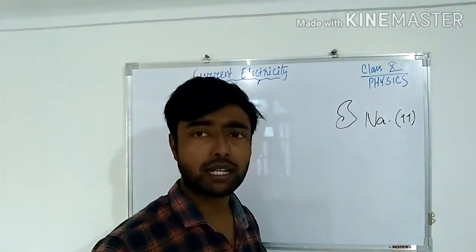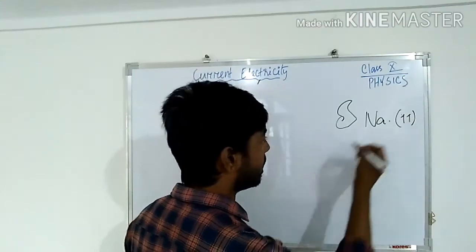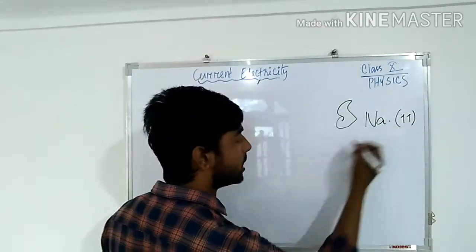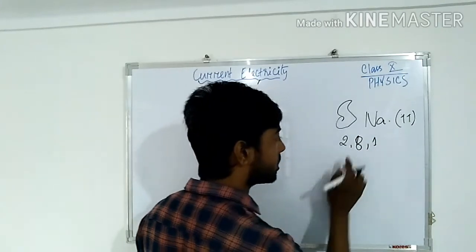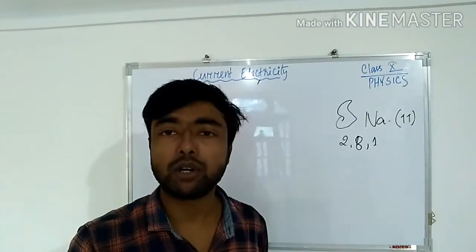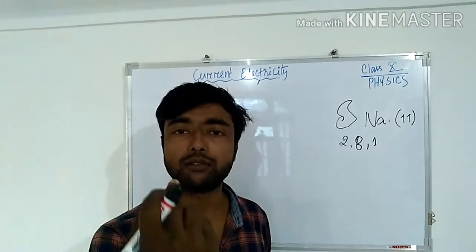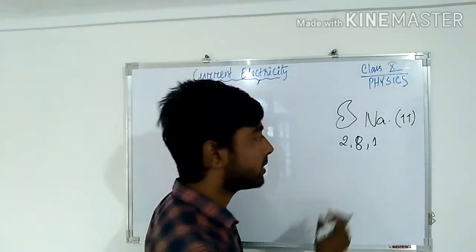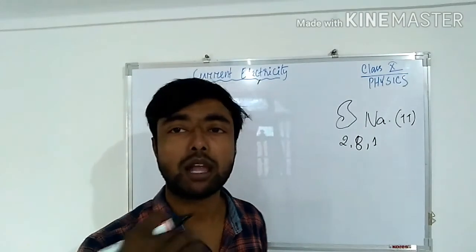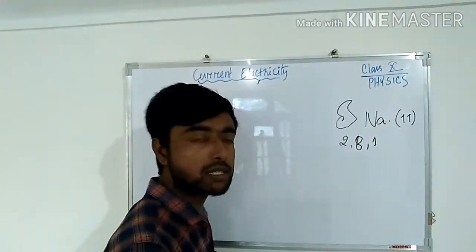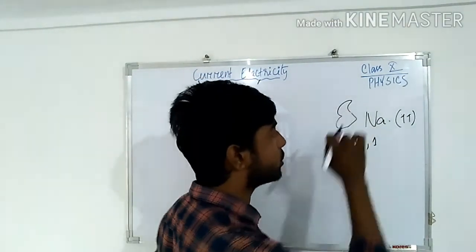K, L, M shells are there, you will get to know in chemistry. We can distribute this 11 as 2, 8 and 1. In the first shell we can have only 2 electrons, in the second only 8 electrons, and the last electron goes in the last shell. Suppose this is a piece of sodium, and I draw this.